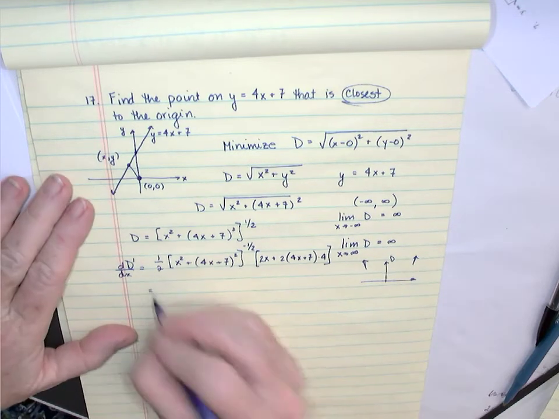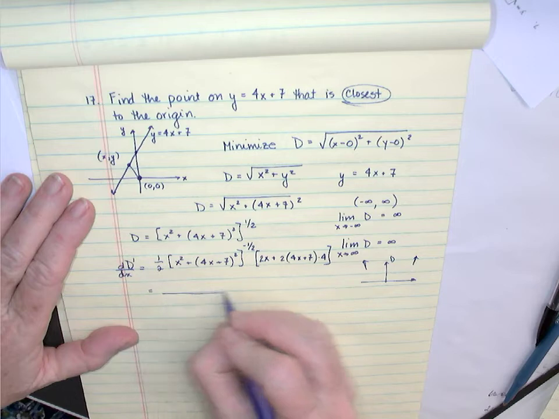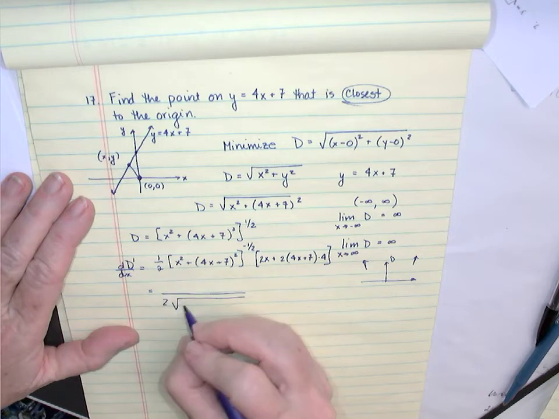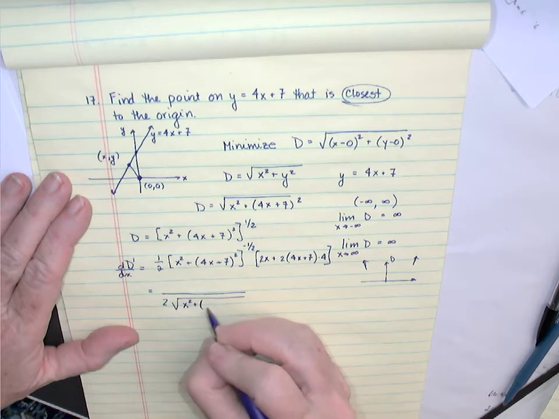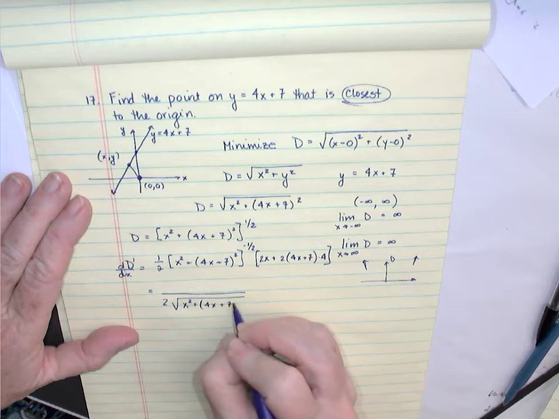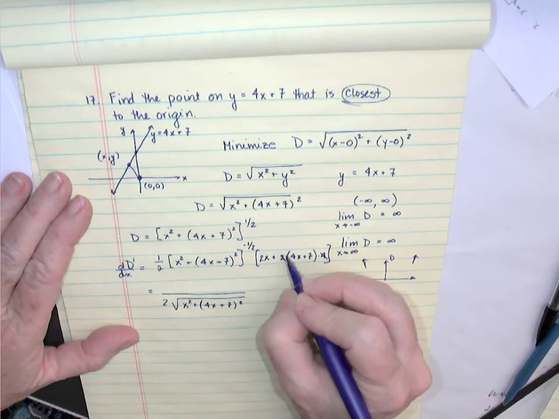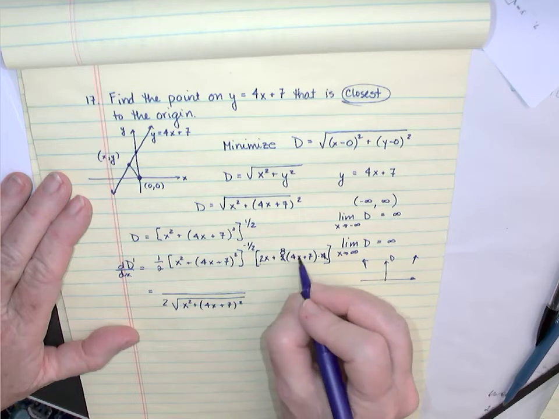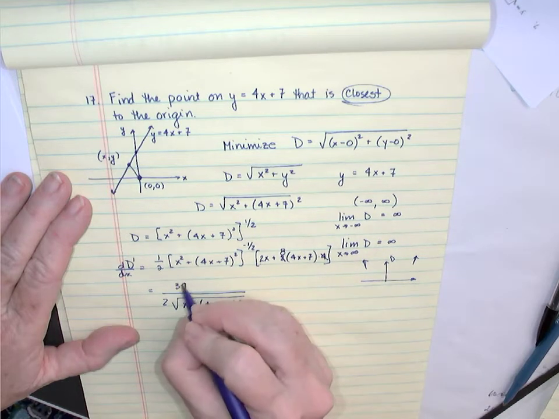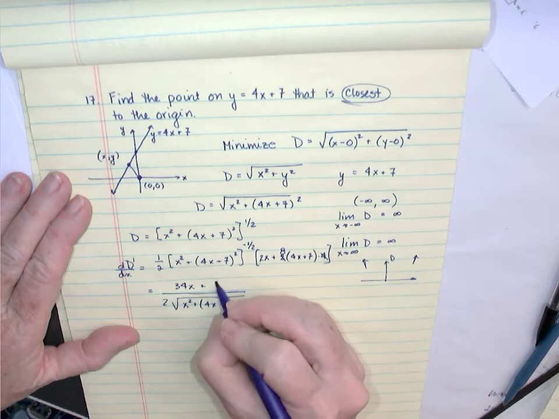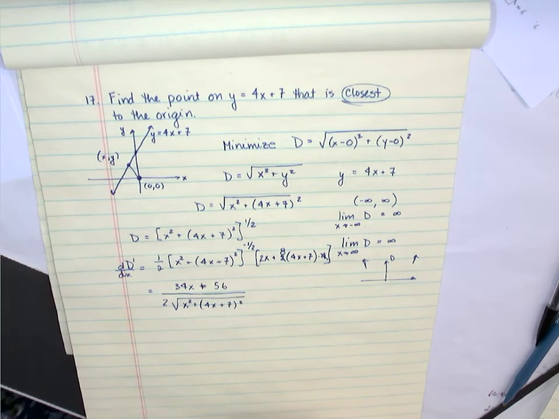Let's clean this up a little bit. In the denominator, we have 2 times the square root of x squared plus (4x plus 7) quantity squared. In the numerator, I'm distributing an 8, so I have 2x plus 32x, which is 34x plus 56. Okay, so there's our derivative.